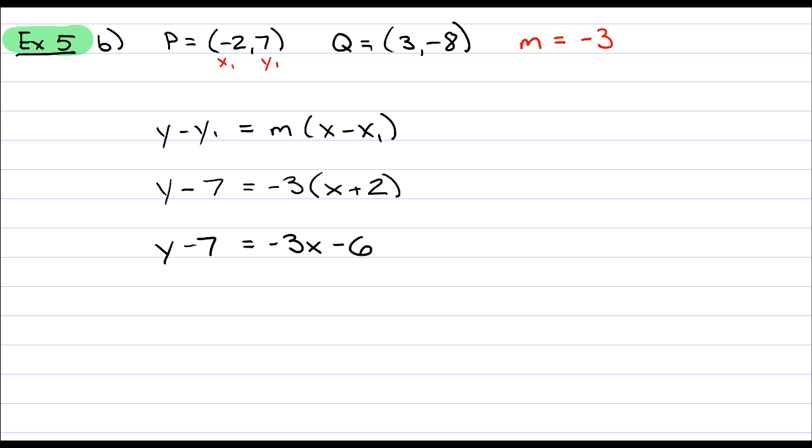And then I add 7 to both sides, and I end up with y equals minus 3x plus 1. Okay? And just like before, if we want, we could double check this answer by plugging in my points. But this checks out. Okay?